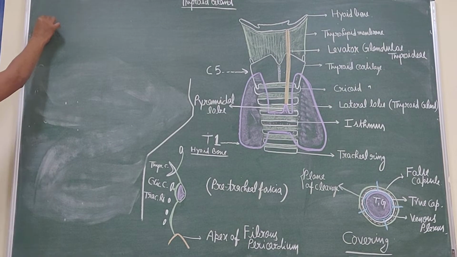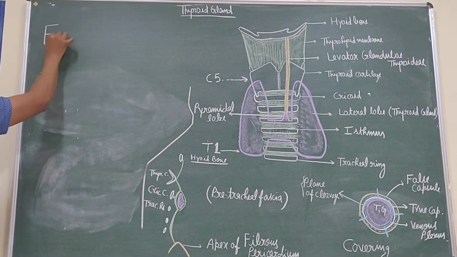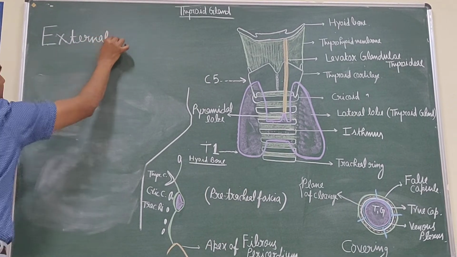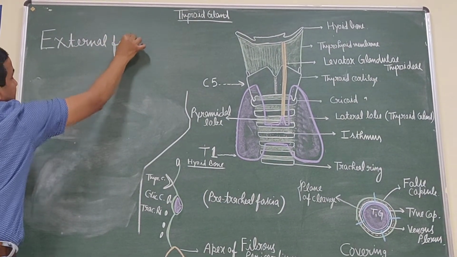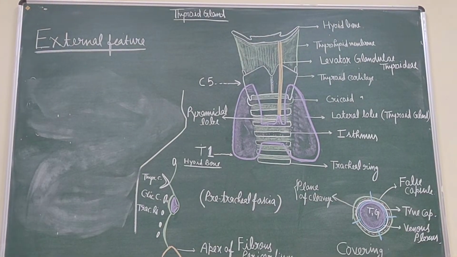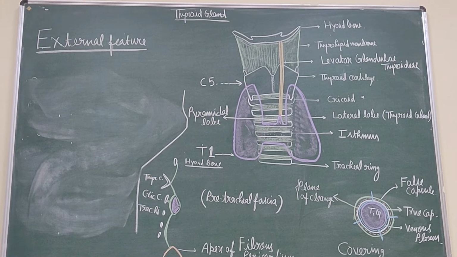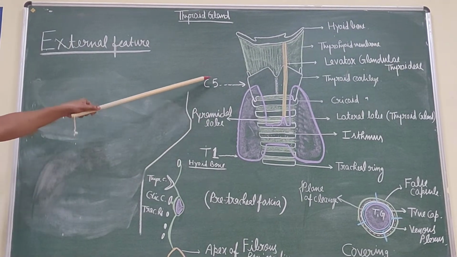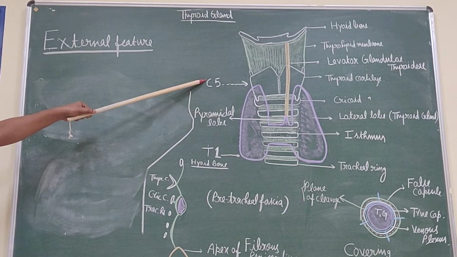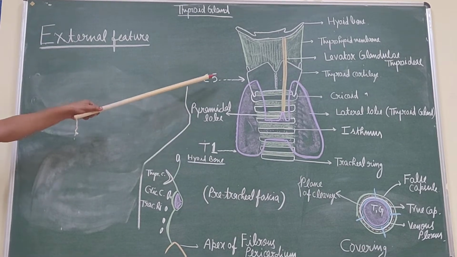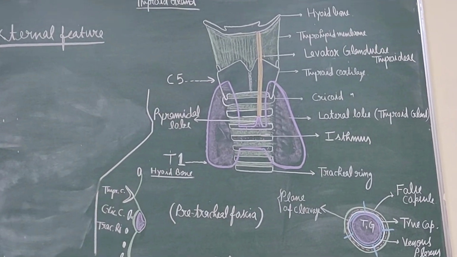Now if we see the external features, this thyroid gland is situated in the lower part of the neck and it extends from the vertebra C5 to T1.